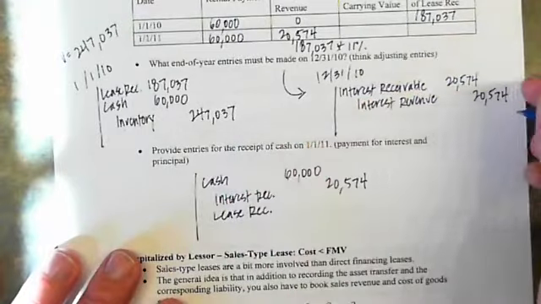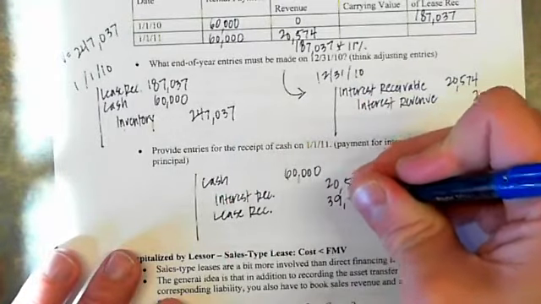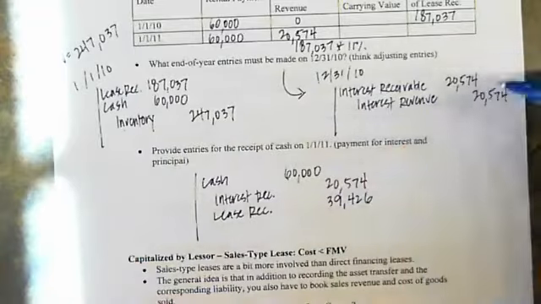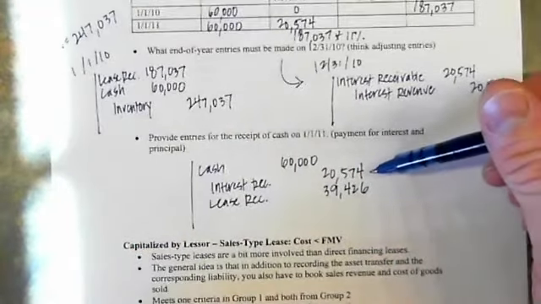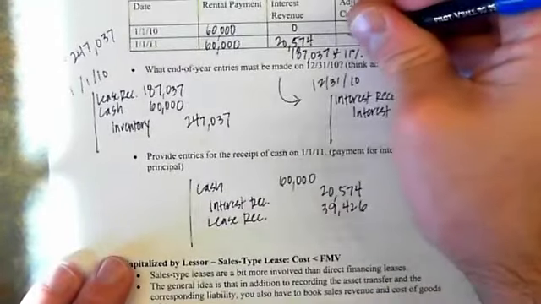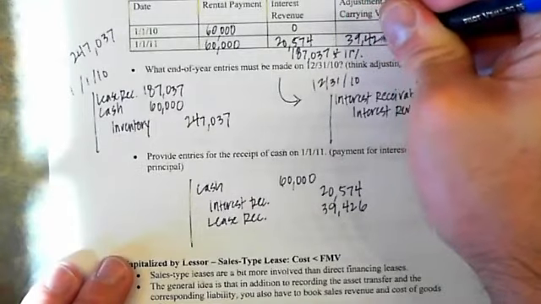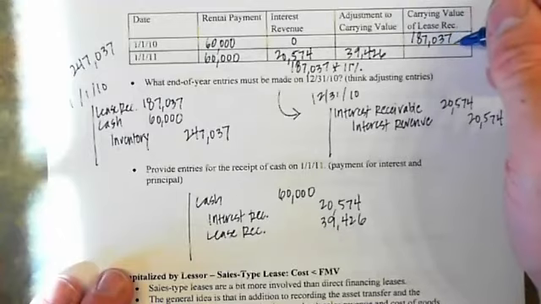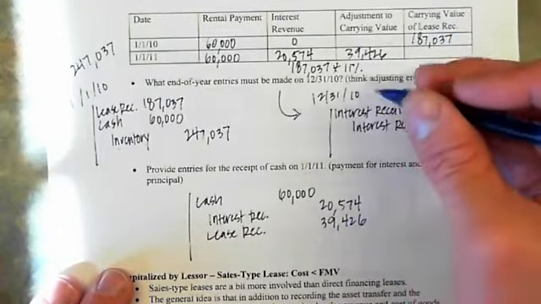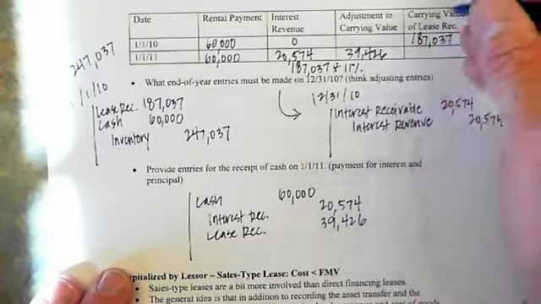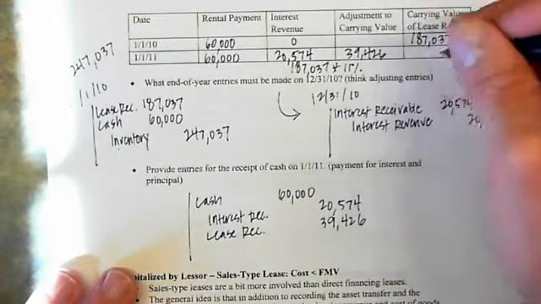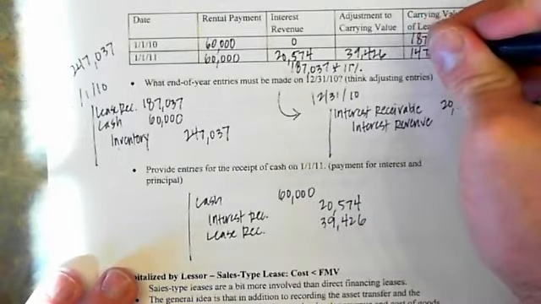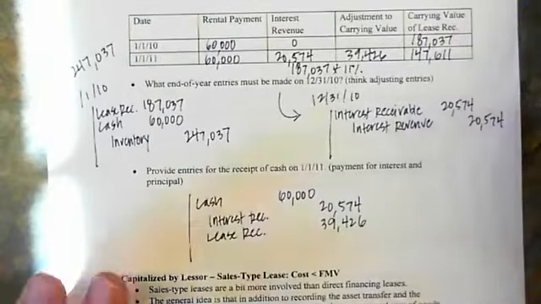So $39,426 is left over after we take care of our interest. That reduces the carrying value of my lease receivable from 187,037 minus 39,426 yields $147,611.